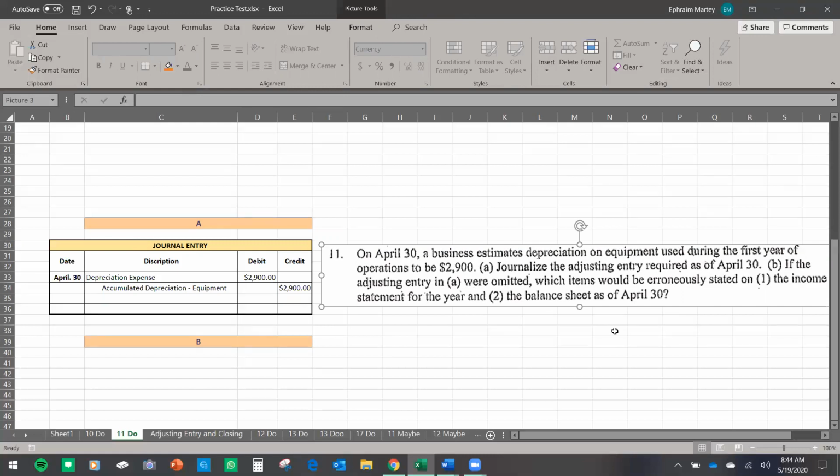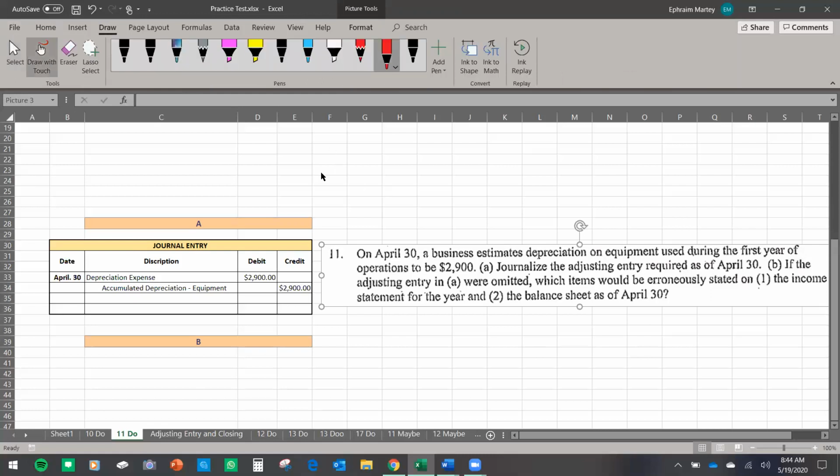So when you think about the balance sheet right now, you know that this account, accumulated depreciation, goes on the balance sheet. If we don't do it, that means accumulated depreciation will be understated. If accumulated depreciation is understated, then our asset will be overstated, because accumulated depreciation decreases our asset.